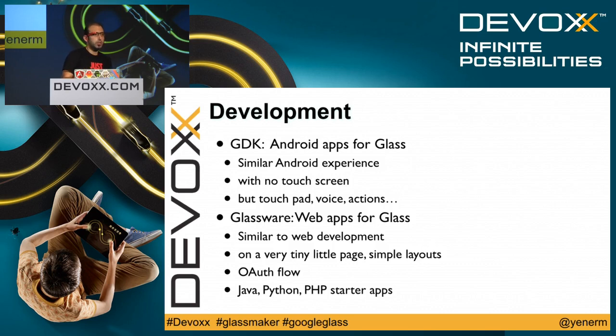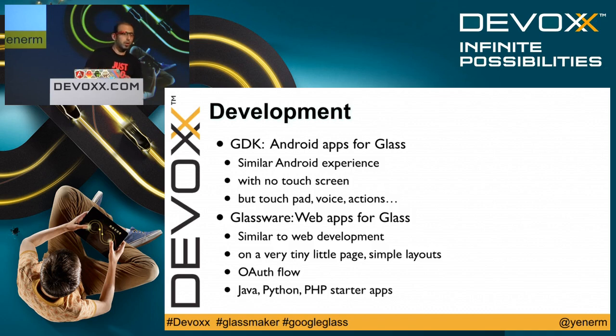There is one other option. If you're coming from a web background, you can do web development for Glass. What you basically do is create very tiny pages with simple layouts, because you can't put a lot of text and images on a very tiny little screen.